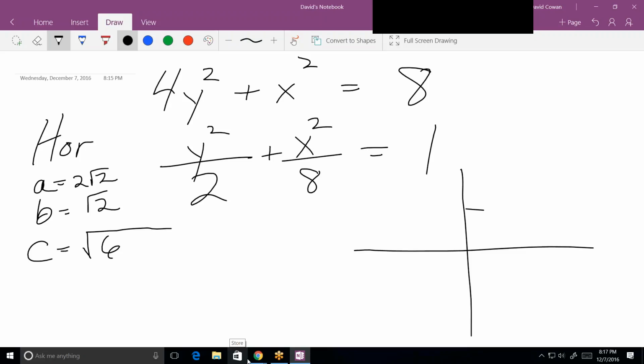Again, we're at the center. Makes these quite a bit easier. Let's figure out those 4 points, coordinates on them.